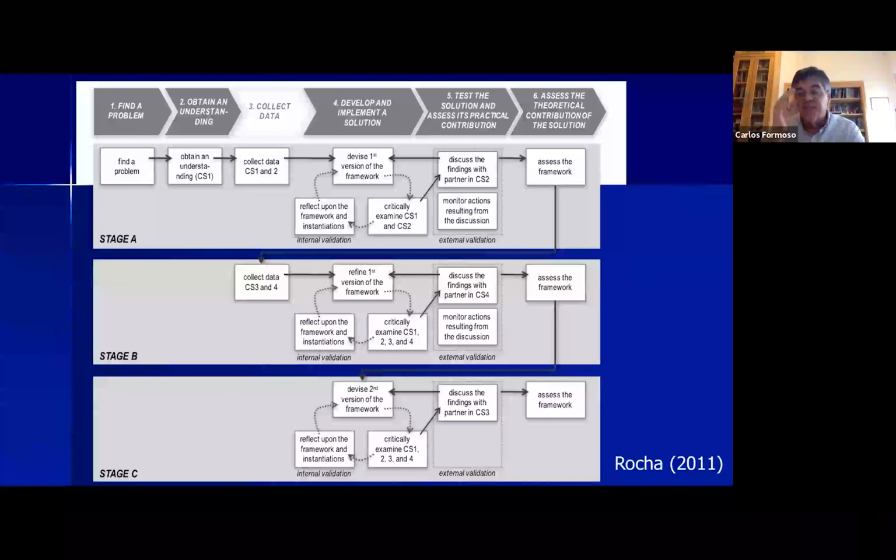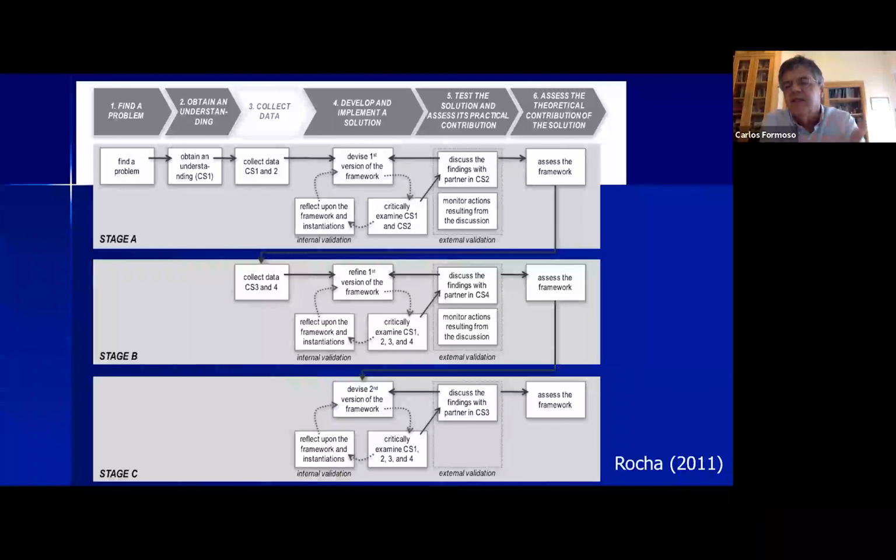This is the research design of one of my students, Cecilia Rocha. And you can see the six steps of design science research at the top, right? It provides you a sense of sequence at the top. But then you can see in more detail that there are many, many loops in this process, right?